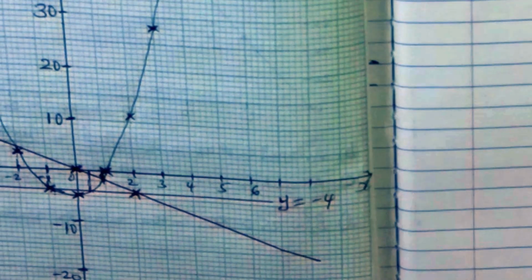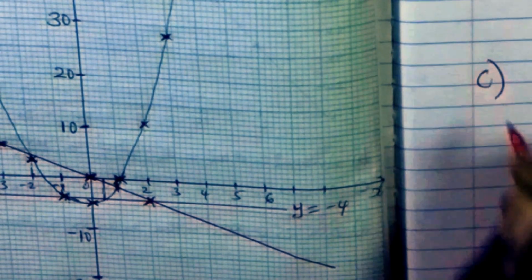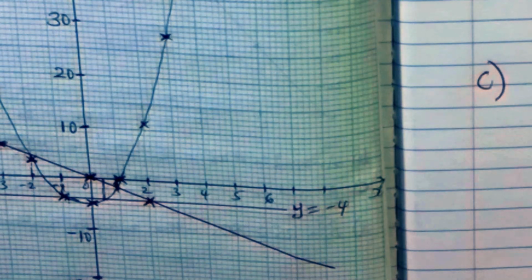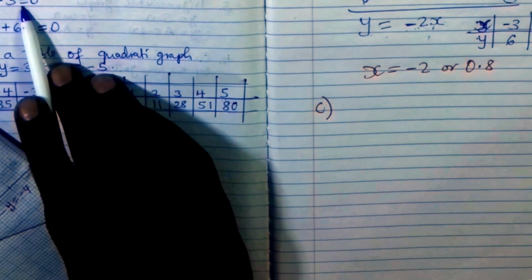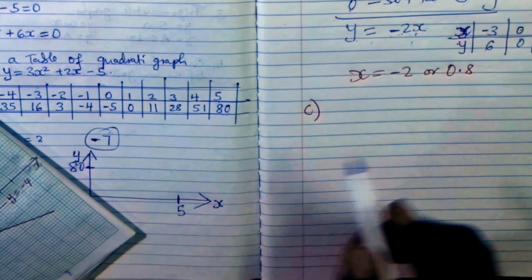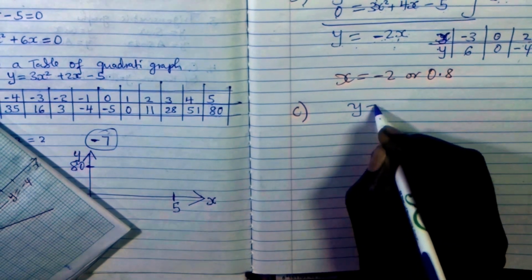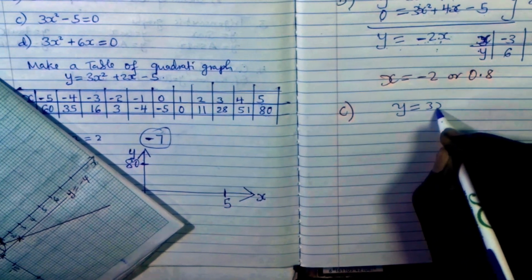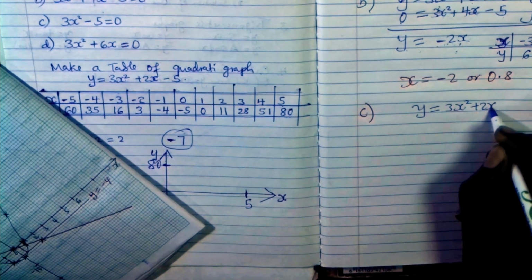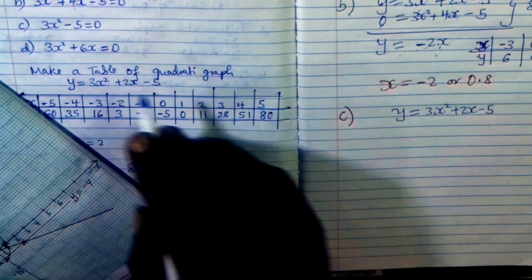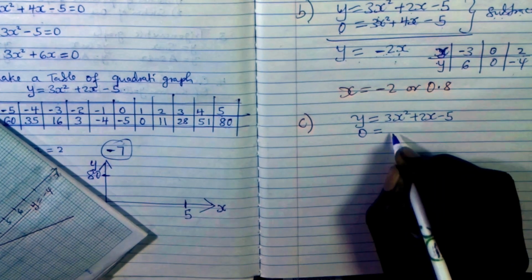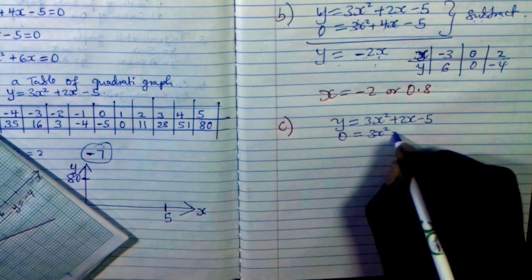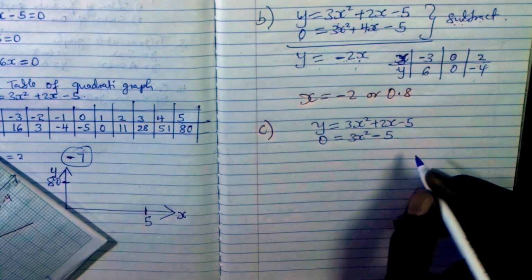Then part C. Again, part C we have been given is 3x squared minus 5 is equal to 0. So from the graph we have drawn, y is equal to 3x squared plus 2x minus 5. And what we have been given can be written as 0 is equal to 3x squared minus 5.